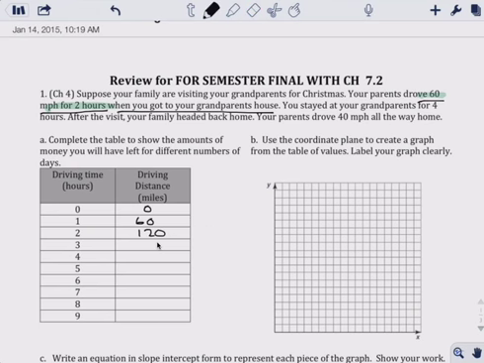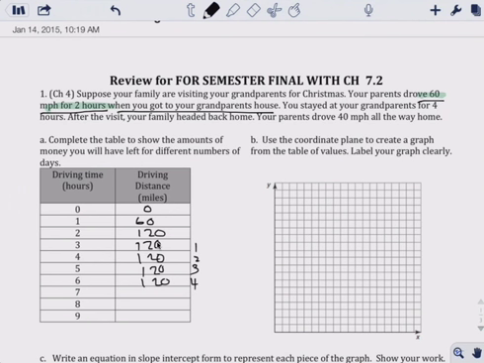You stayed there for 4 hours. So here's hour 1, it's 120. Hour 2, that's 120. Hour 3, it's 120. Hour 4, 120. Mark it down. Some of you put too many.